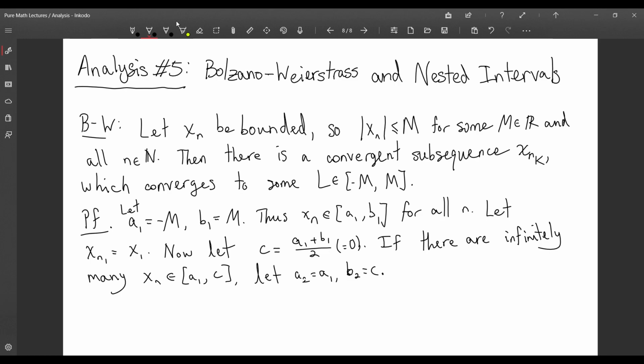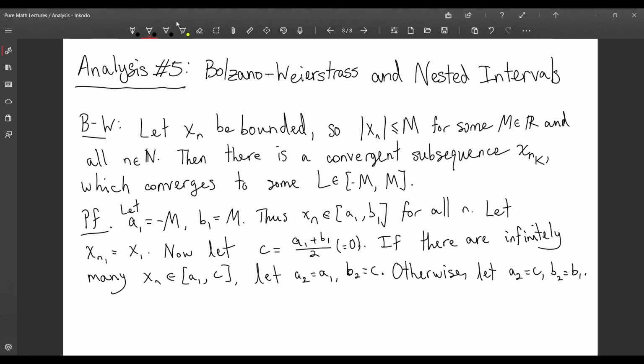So the new interval is going to be a1 to c. Otherwise, let a2 equal c and b2 equal b1.